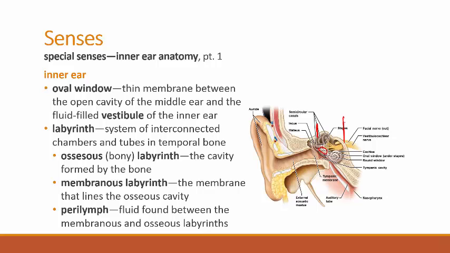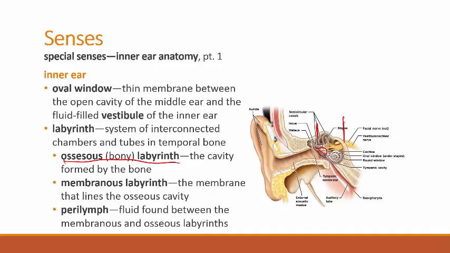The labyrinth is these interconnected chambers and tubes that are found here in the temporal bone. So this is the bone that surrounds the inner ear, or at least the osseous labyrinth is the bone cavity in the bone that contains the structures of the inner ear, and it's lined by a membrane that is referred to as the membranous labyrinth.